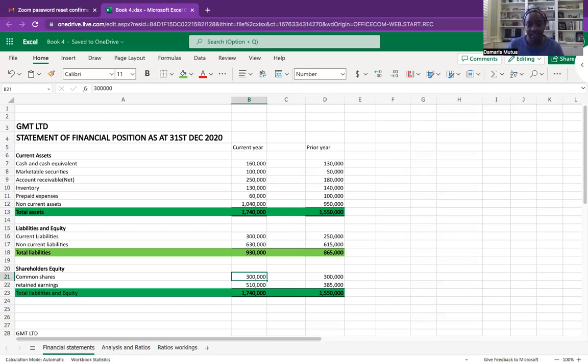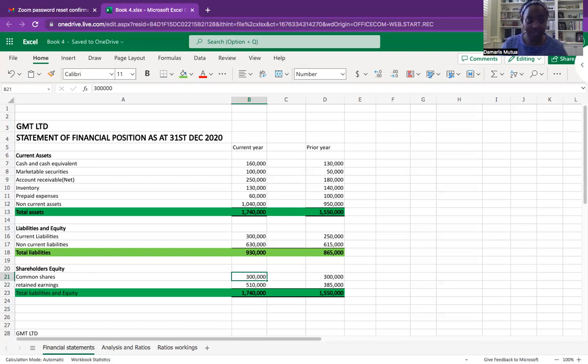The retained earnings, money that we've accumulated over time from profits. So how are we using our retained earnings? Do we need to do some investments, capital investment decisions? Do we need to pay dividends to our stockholders?